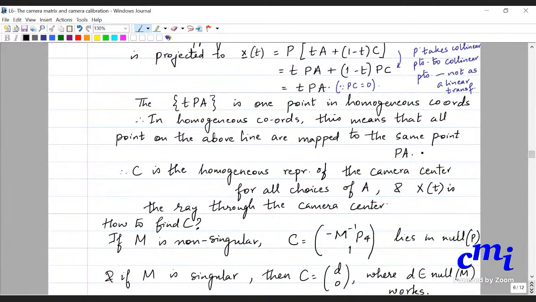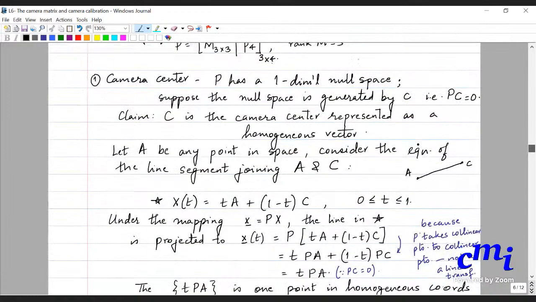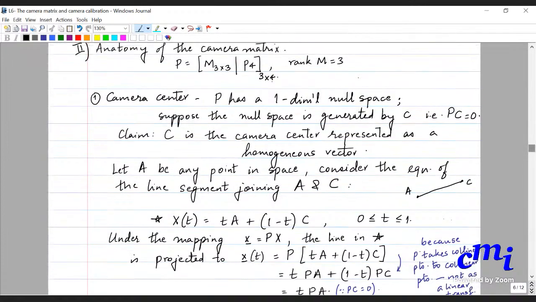The only point satisfying this property, with respect to our setting of the camera, is the camera center. You could do this for any other a. If all these rays pass through C, then C has to be the camera center.